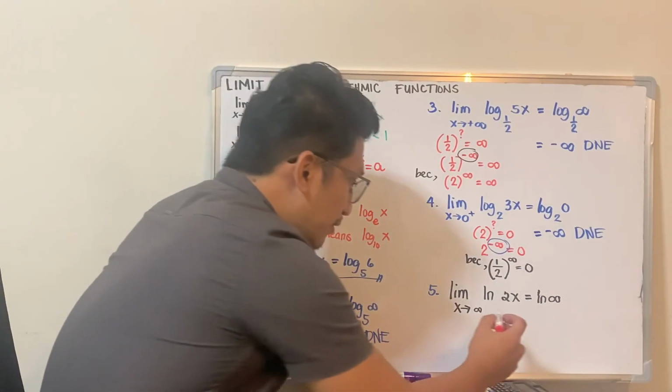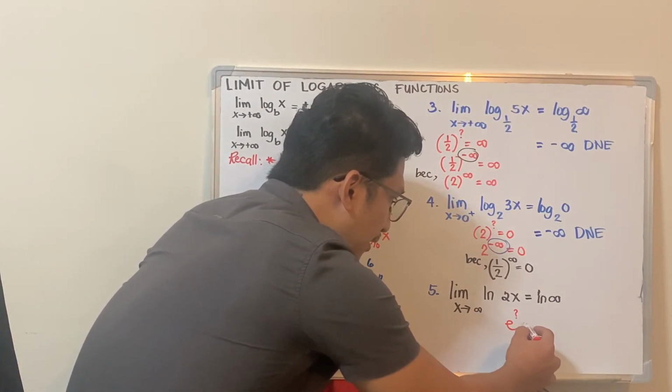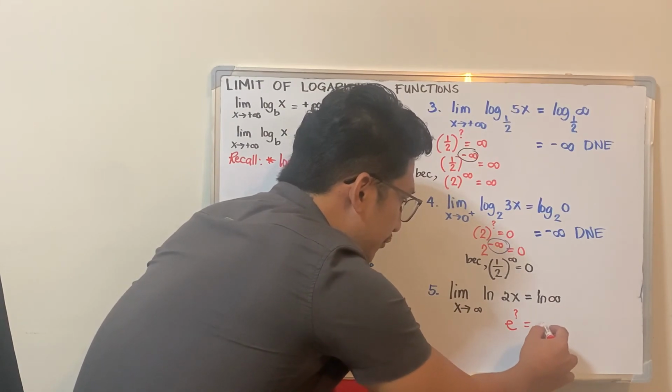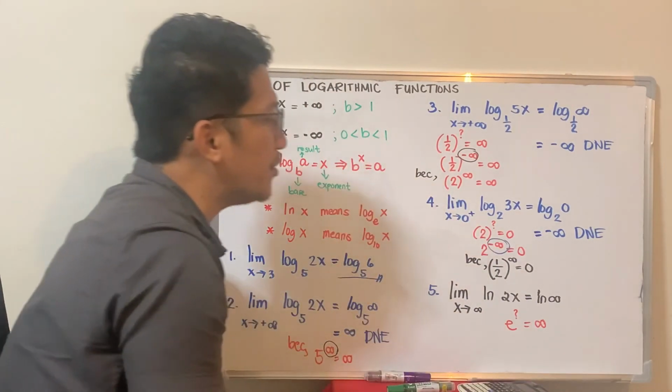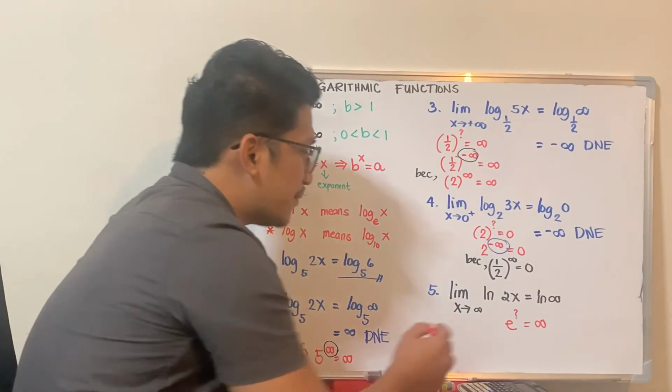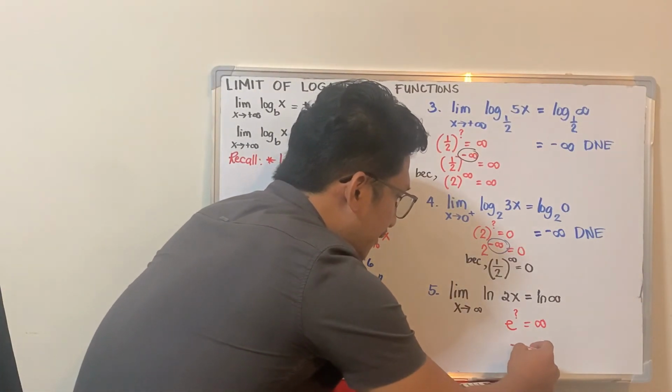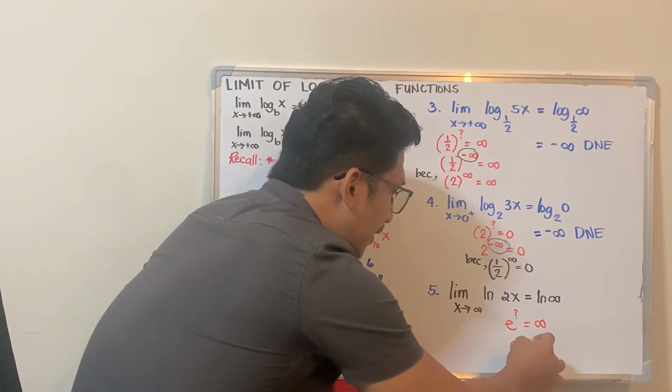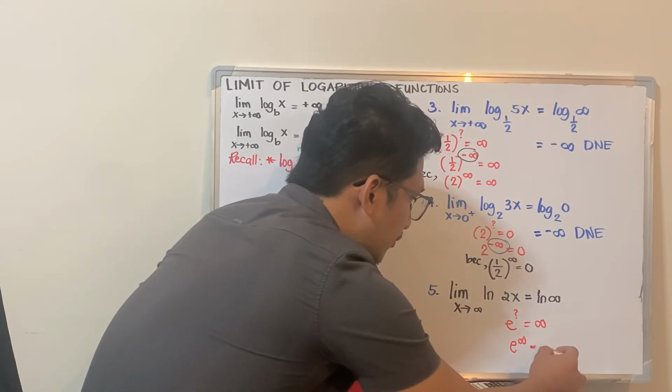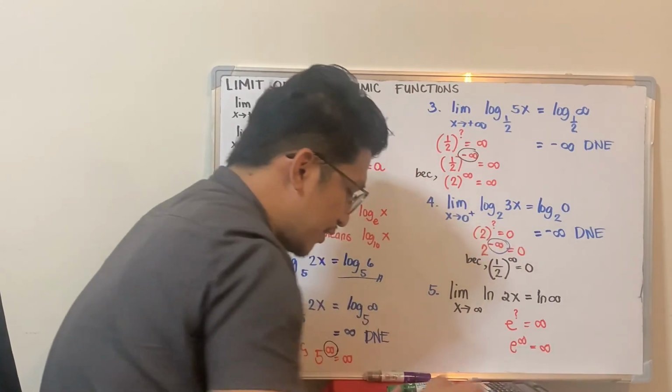So what should be the exponent of e for the result to be infinity? It's simple: the exponent should be infinity. e should have an infinity exponent to have infinity as the result.